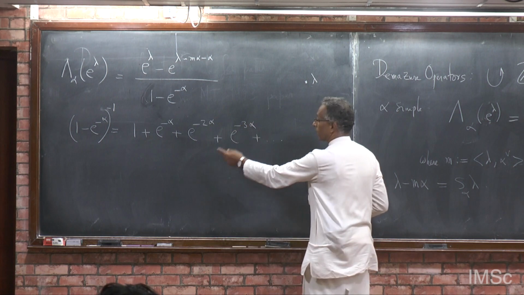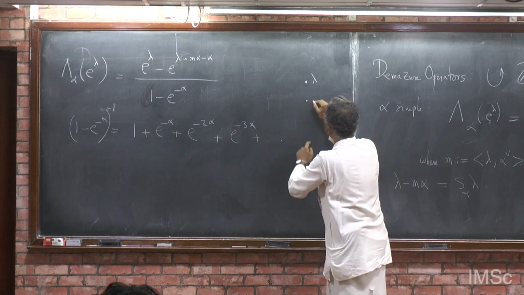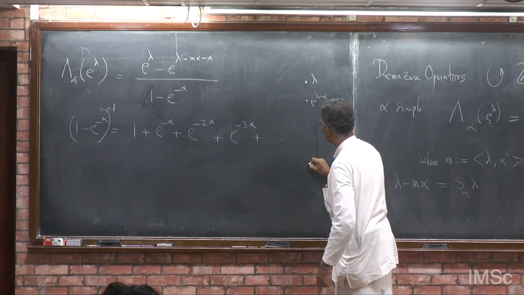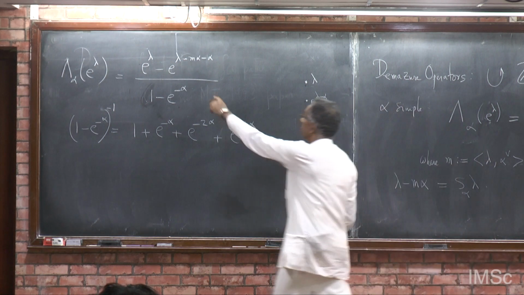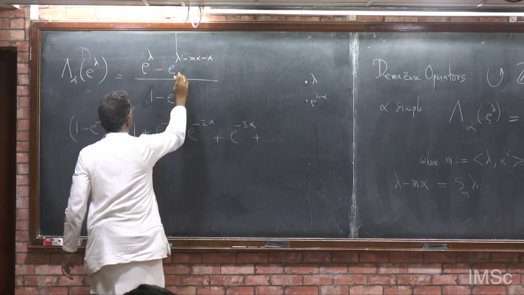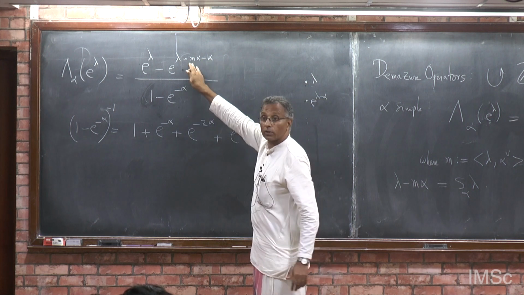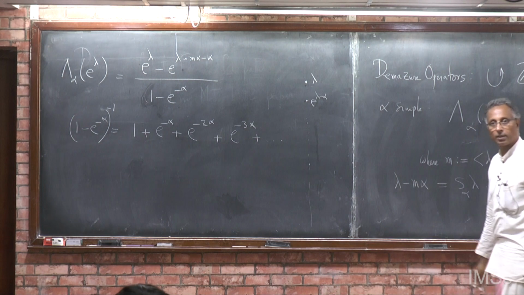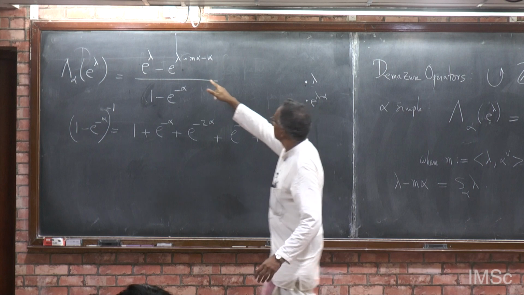So what all do I get? e to the lambda, e to the lambda minus alpha, and so on, and keep going, right? And what is this? E to the lambda. Where does this thing also start? So let's assume m is positive for the beginning. So m is, let's say, 10. So what is this?